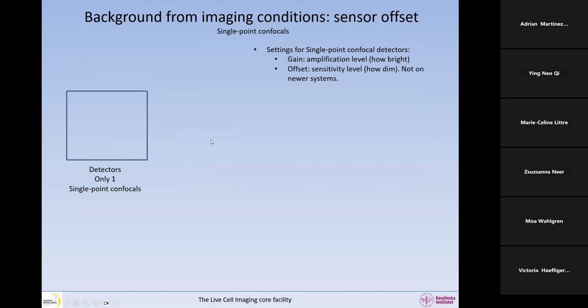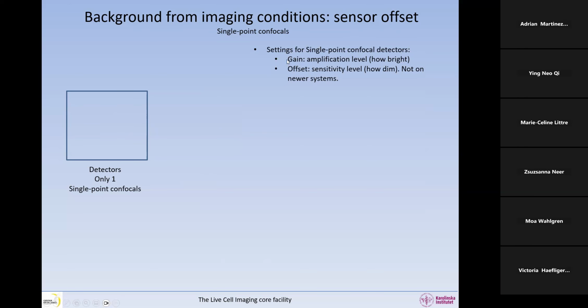When you acquire an image on the single point confocal, you can change the gain. You can sometimes also change the offset. And I say sometimes because the newer types of microscopes do not have an offset, because it is set automatically in a different way nowadays. But for a little bit older single point confocal, you're going to have gain and offset.